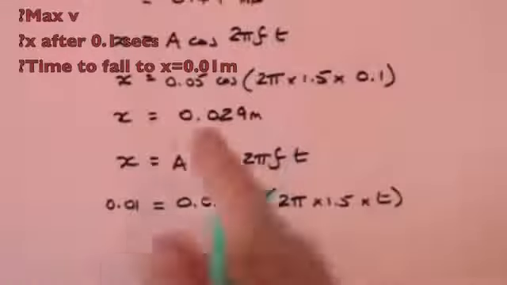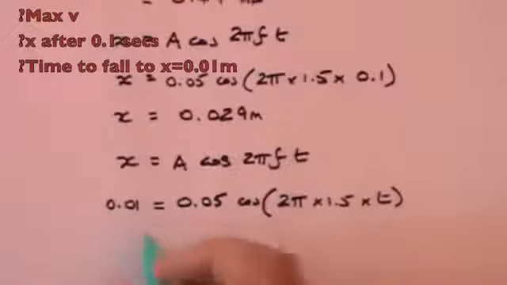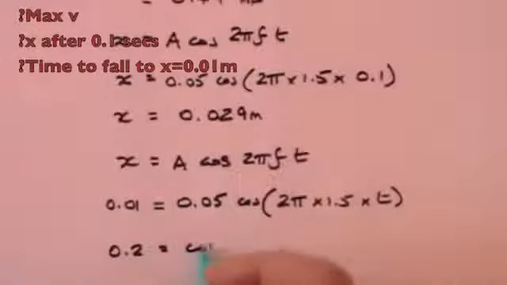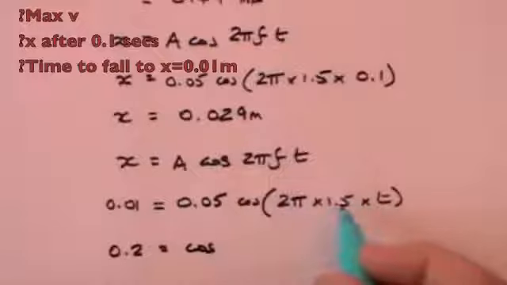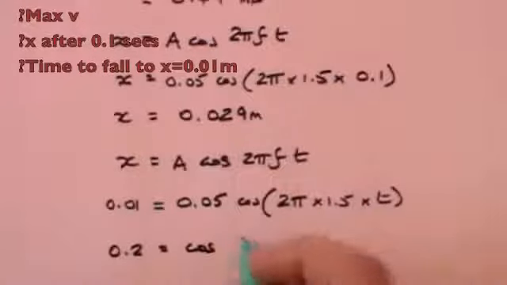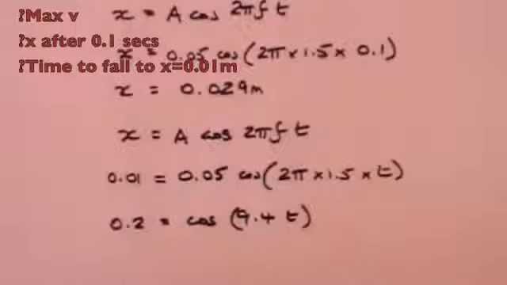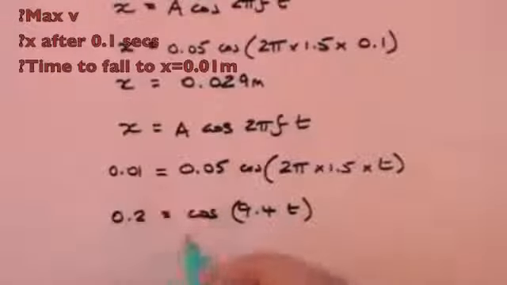And that will give you that if you bring 0.05 onto this side, that's 0.2 is equal to the cosine of 2 pi times 1.5, which is approximately 9.4, times t. And now you have to do the inverse cosine, as it were.